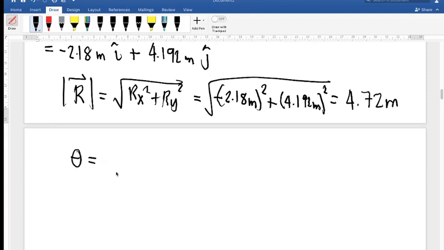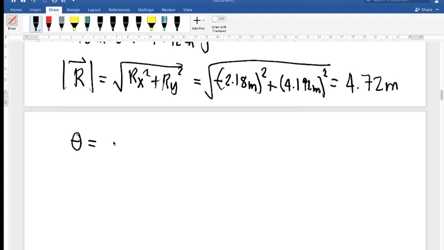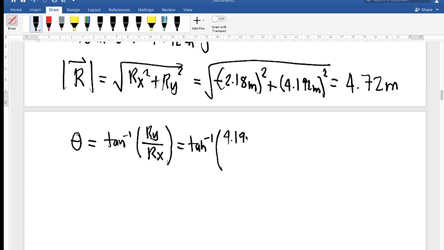How about your theta? Theta is the inverse tangent of ry over rx. That is equal to the inverse tangent of 4.192 meters divided by negative 2.18 meters.